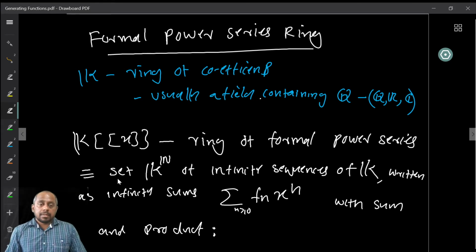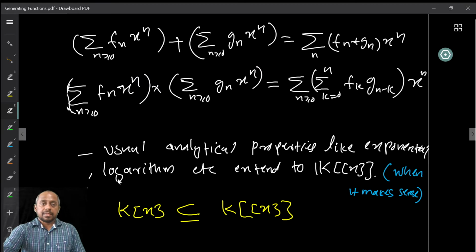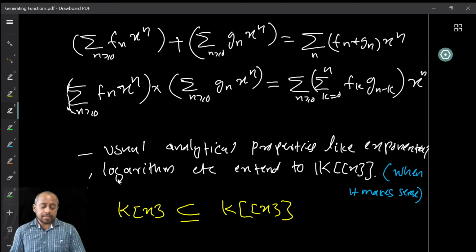Yeah. So with the usual sum and product we defined earlier, the summation of f_n x raised to n plus the summation of g_n x raised to n is the summation of (f_n plus g_n) x raised to n, and the product is the summation over n greater than or equal to 0 of the summation over k equal to 0 to n of f_k times g_(n minus k), x raised to n. So these are the operations under which this forms a power series ring.